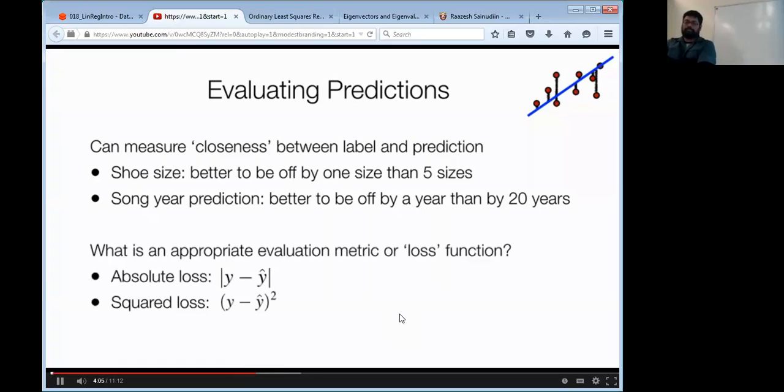We need to pick a reasonable evaluation metric, or loss function, as we'll refer to it throughout these lectures, to perform this evaluation. 2 natural choices are absolute loss and squared loss, as they both incorporate this notion of closeness when comparing a label and a prediction. That said, the squared loss has some nice mathematical properties, and thus can be easier to work with. So we'll focus on it here.